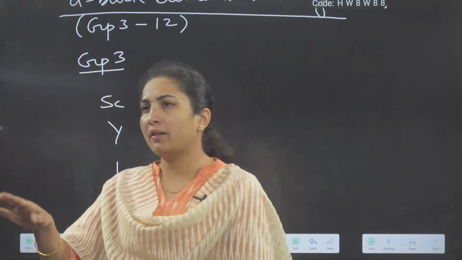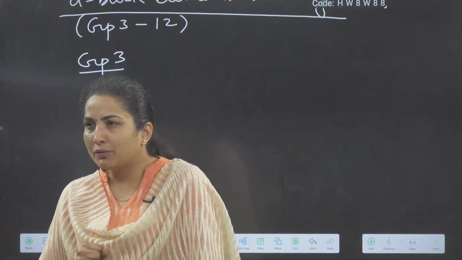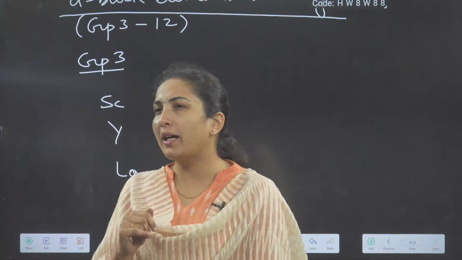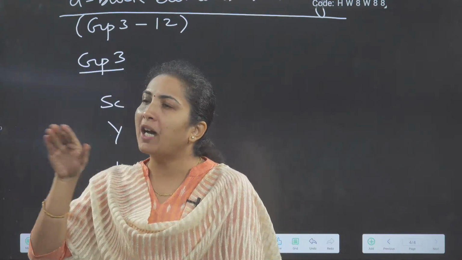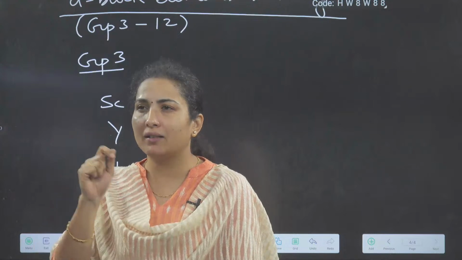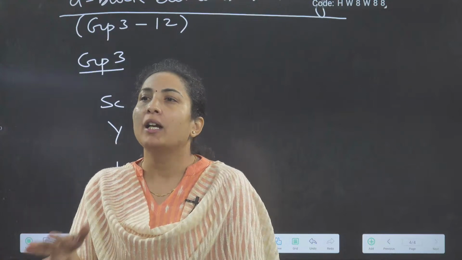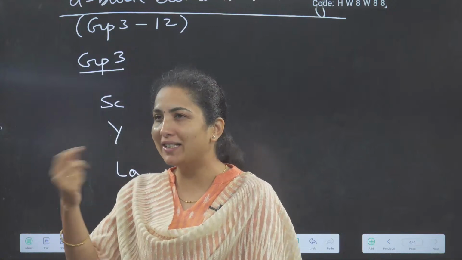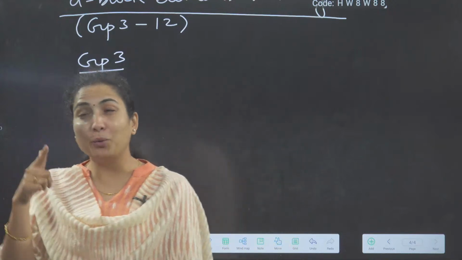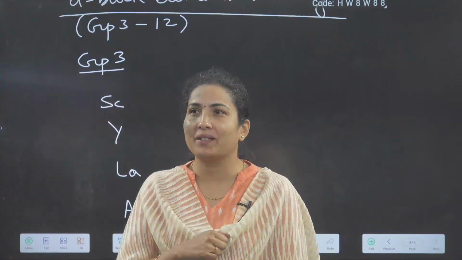Suppose you are appearing for your NEET examination, right? And normally what happens is you ask your parents that if I crack the examination in the first attempt, then whatever I say, you are going to give me that. Normally we have that tendency of bargaining with the parents. If I do this, would you do this for me? Right?